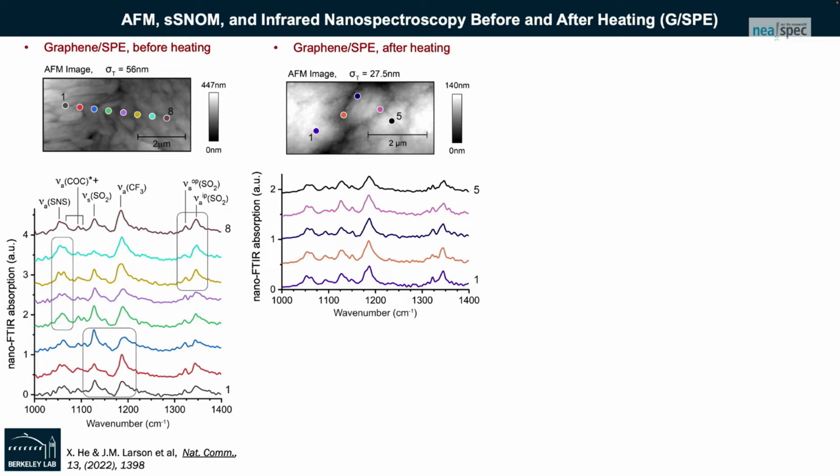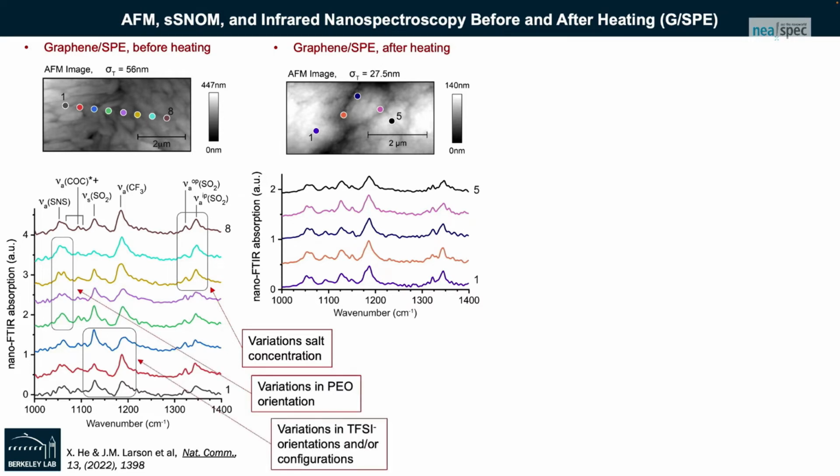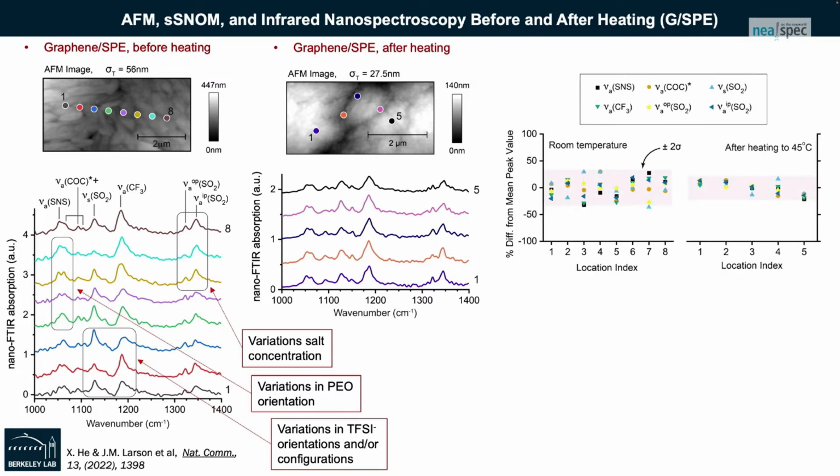What we found is that the intrinsic solid polymer electrolyte interface has variations in salt concentration, in PEO orientation, and TFSI orientation and configurations, all on a spatial scale of about 100 nanometer separations. And after heating, while these heterogeneities decrease, they don't vanish altogether.